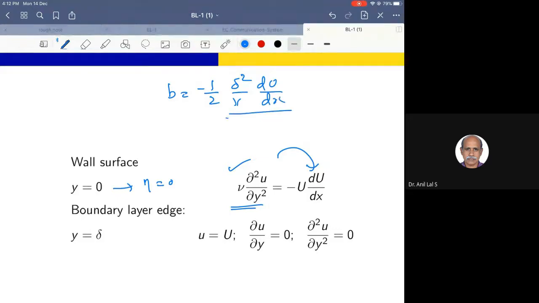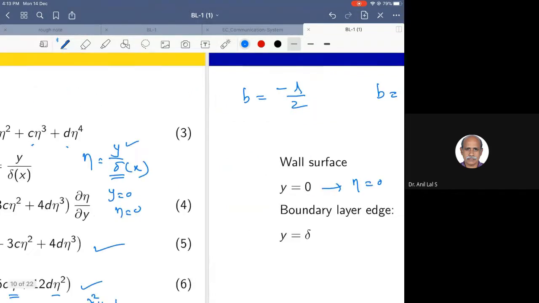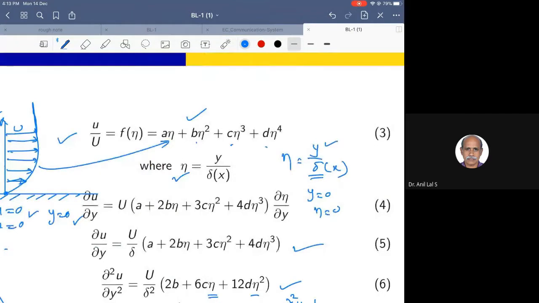We have earlier taken this as lambda, so B is equal to minus lambda by 2. We get one of the coefficients, B is equal to minus lambda by 2.